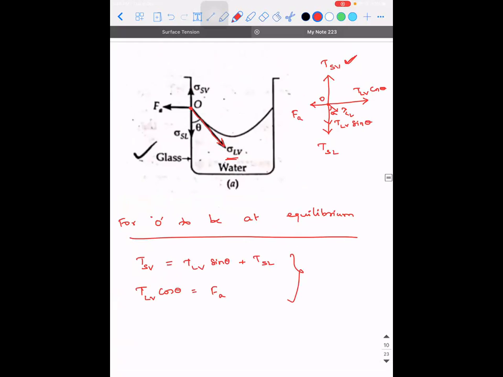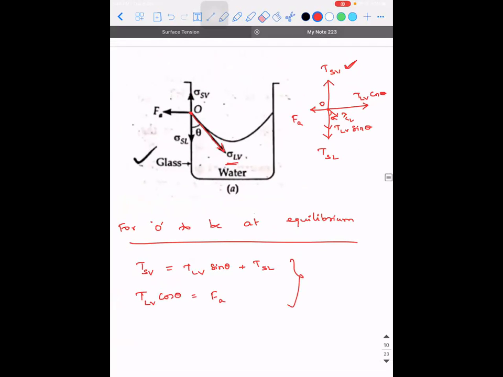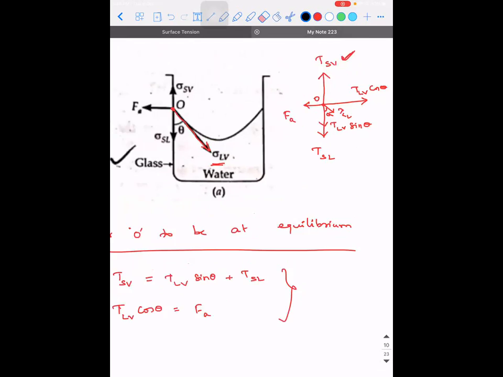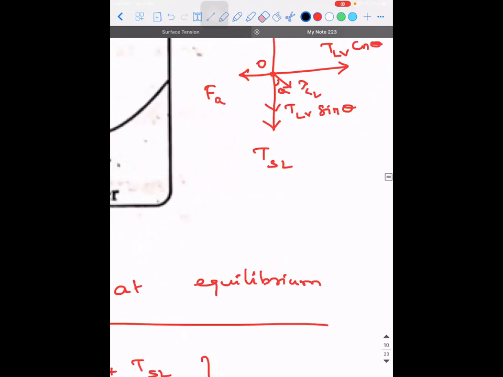Sorry, there is a mistake, guys. Can you correct it? I'll show you where the mistake is. What is the mistake I did? Sin theta and cos theta are interchanged.